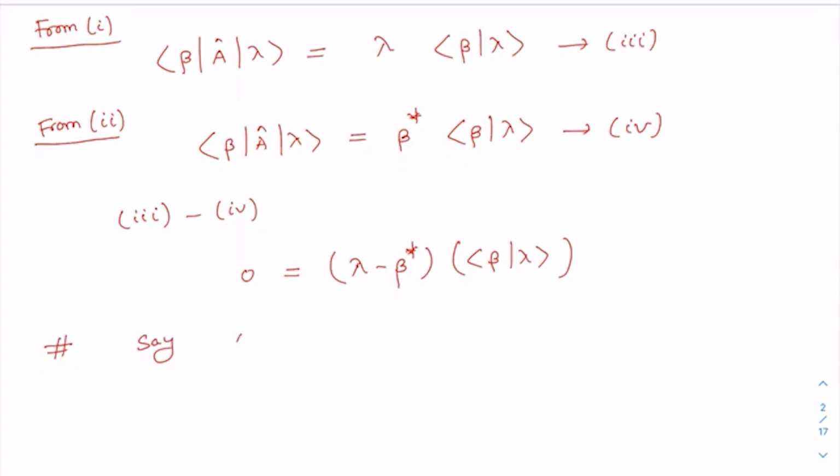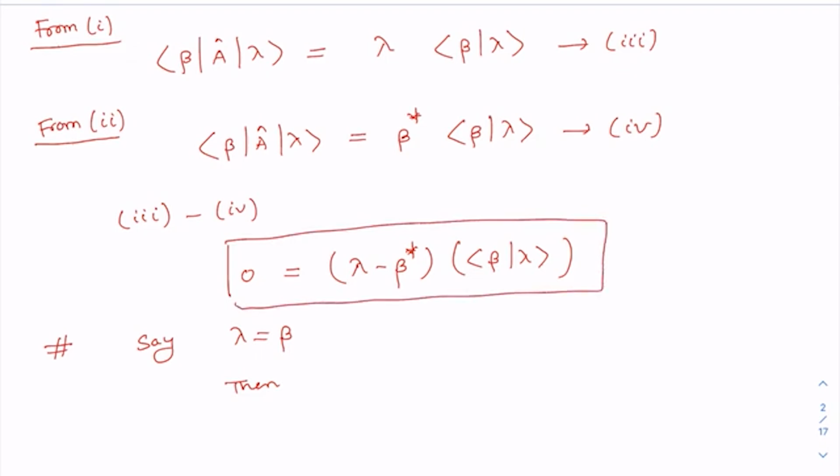Say λ is equal to β, that means the eigenvalues are the same. Then if this equation has to be satisfied, I must have λ equal to λ*. This implies that the eigenvalues, as you can see, are real.